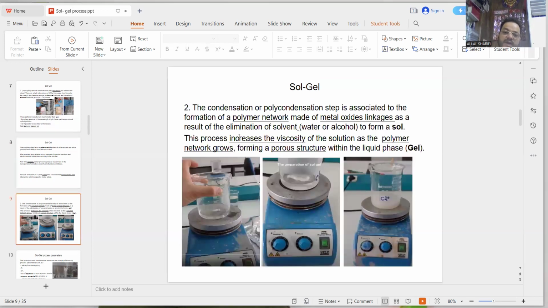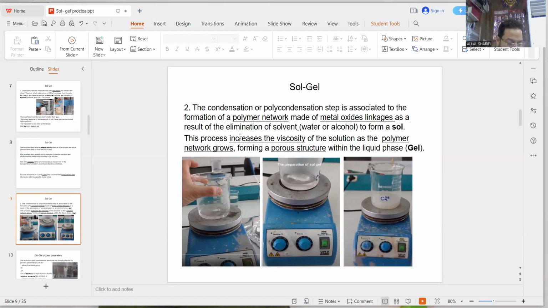Here, the condensation, or we can say polycondensation, but I prefer to say condensation, is associated with the formation of a polymer network made of metal oxide linkage as a result of elimination of solvent, water or alcohol.